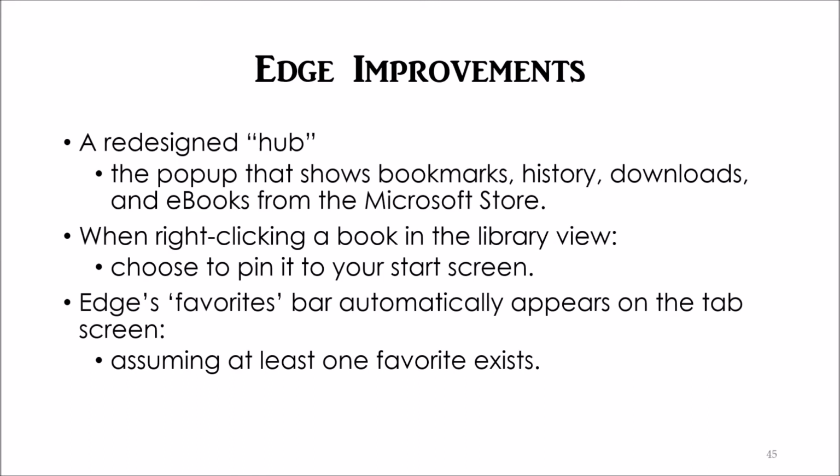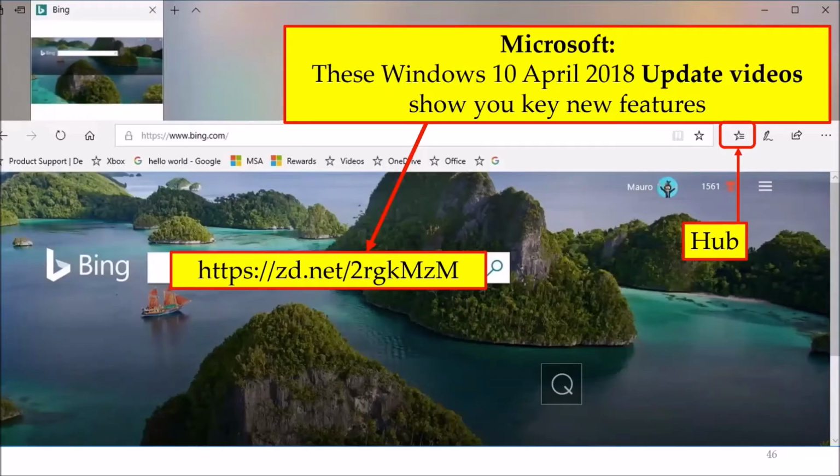So now when you click on the hub, you get more things that will pop up. If you right-click a book in the library view, you can pin it to your start screen. Your favorites bar will automatically appear on the tab screen if you have more than one favorite. And this is this design effect that Microsoft is coming out with.